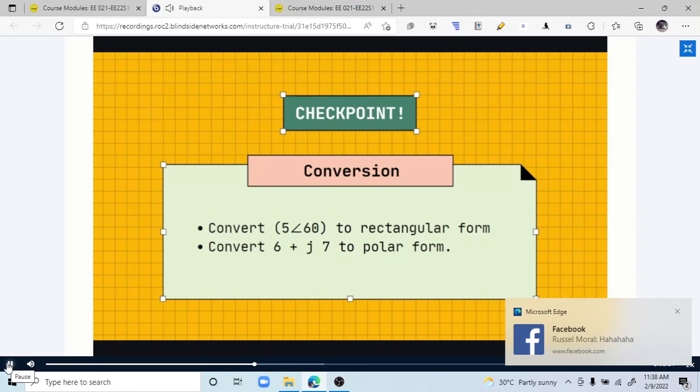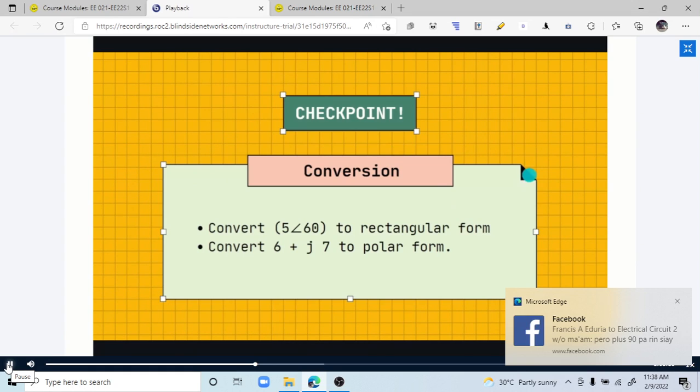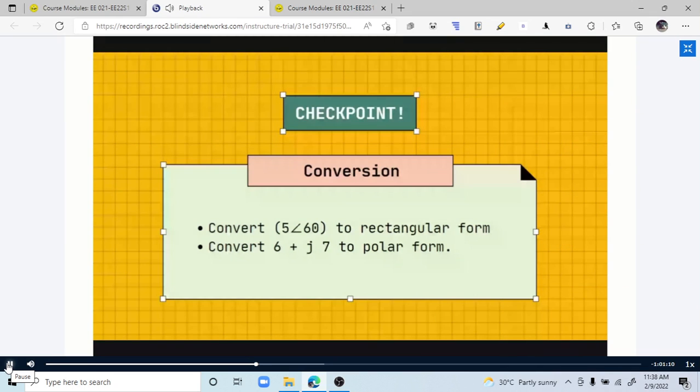Can you now do it on your own? Okay, so let's have another example. Do it on your calculator. Let us have now 4 angle 65.